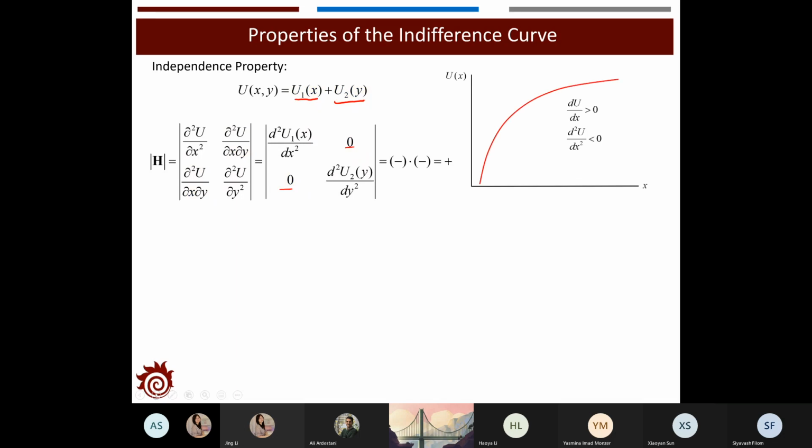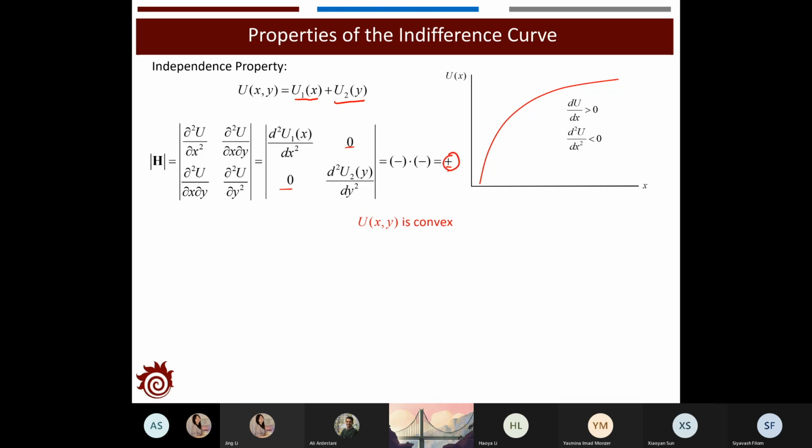And with that, you find that the determinant of H is positive, and if the determinant of the Hessian matrix is positive, it means that the function u(x,y) is a convex function.